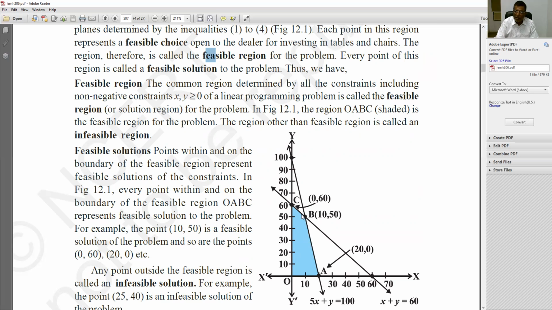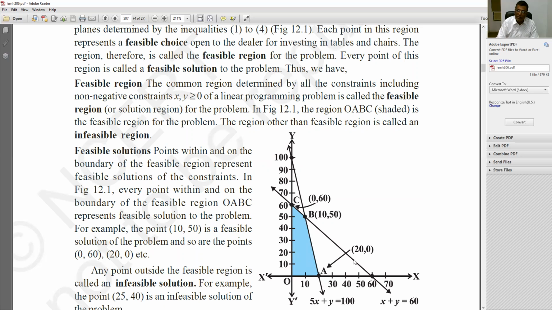So under this region, we shall search the possibility of benefit, because the purpose of any business is to get benefit. So there are 4 points, C, B, A and O. These are the points of the feasible region, and this triangle you can see from 100 to C and then B, and this B, A and this region.